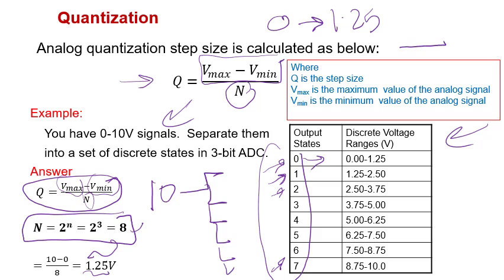Followed by the second set, which is going to be 1.25 to 2.5. That means any value between 1.25 and 2.5 is to be expressed as maybe 1.25. Remember here, it depends on the type of quantization. Sometimes we consider this value as 1.25 or 0. If you consider this is 0, that means the second set will be 1.25.